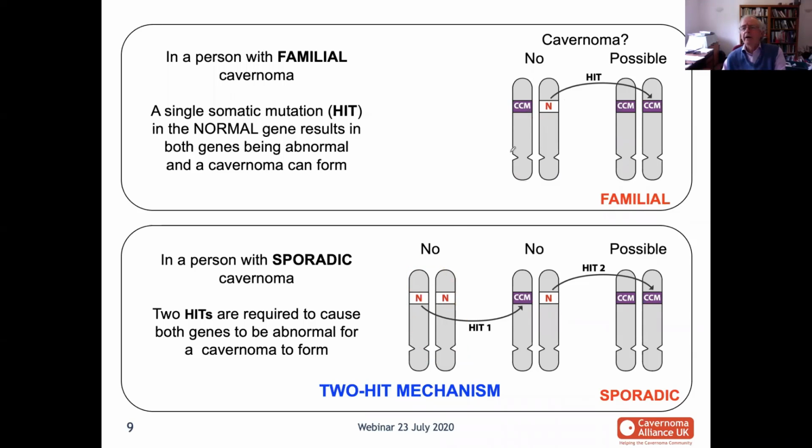And so if you have familial Cavernoma, you only have to have one hit. It must be on this gene, on this chromosome, because then you will get two abnormal genes on the two chromosomes. That means you don't get that complex of proteins forming, and so you don't get the tight junctions.